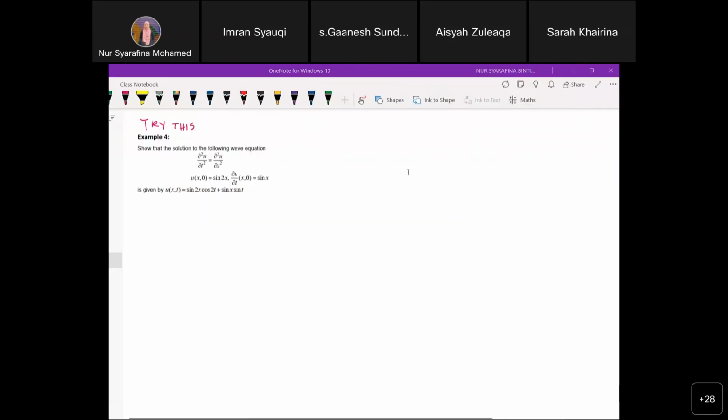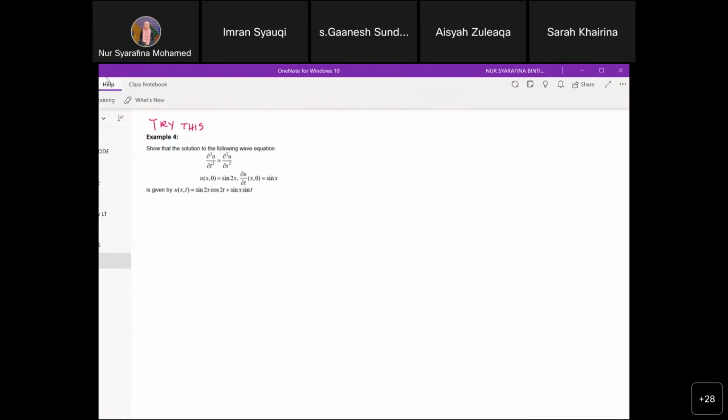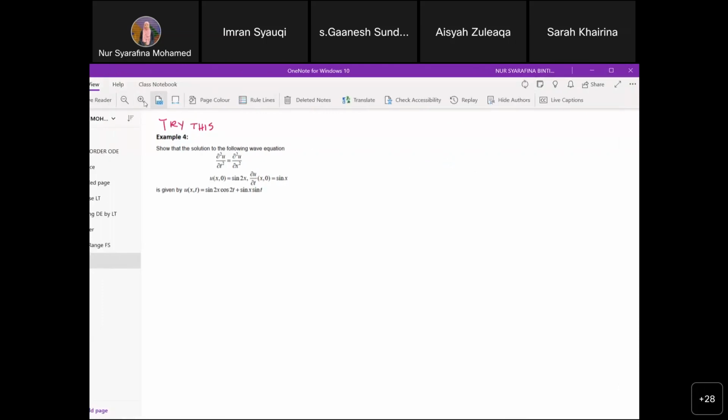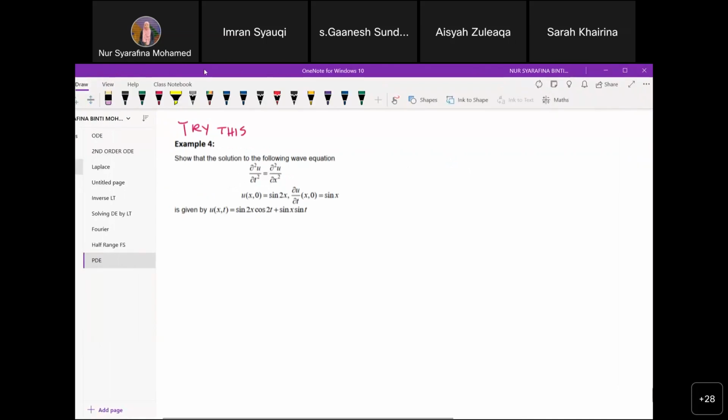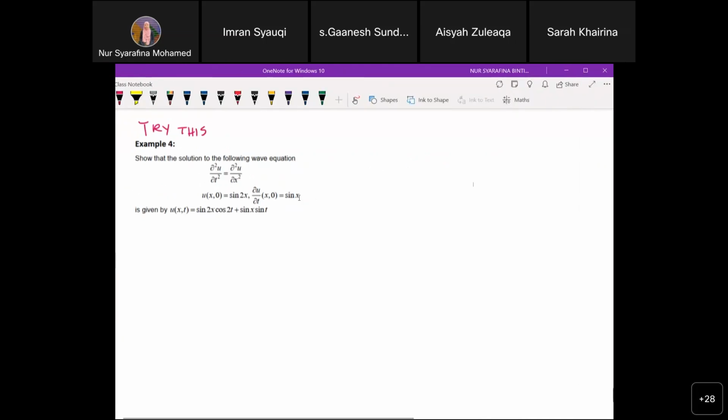Okay, so now you know that this is wave equation. First thing first, you have to know that this is a wave equation, and then by D'Alembert, you need to identify what is your f(x).